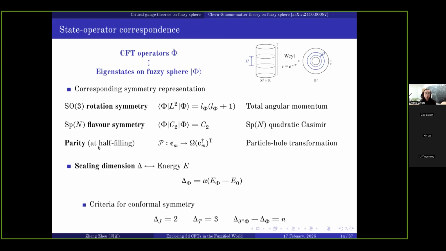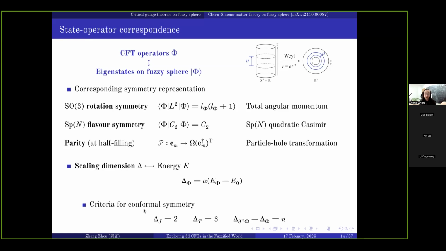And at half filling, there is another particle-hole transformation on the fuzzy sphere, which translates into the parity of the CFT operator. More importantly, the scaling dimension is proportional to the excitation energy, and the factor alpha that converts these two values can be determined by criteria of conformal symmetry.